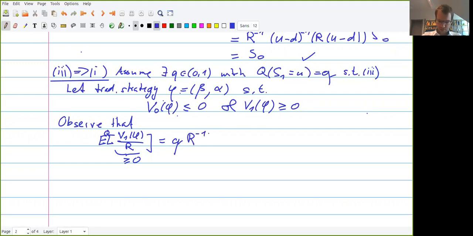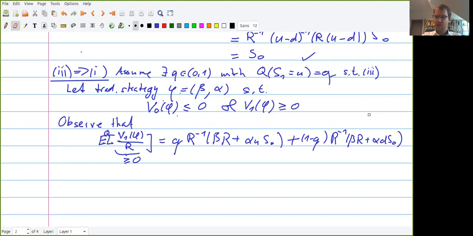Now we calculate this one. If you go up with probability Q, this is the value process at time 1. Well, it's 1 minus Q, the probability that we will go down, so we have here D, alpha times DSU.